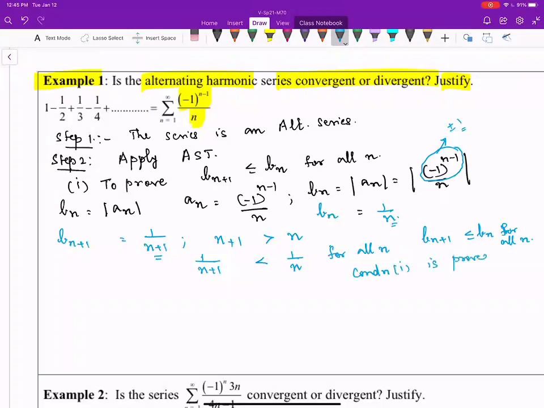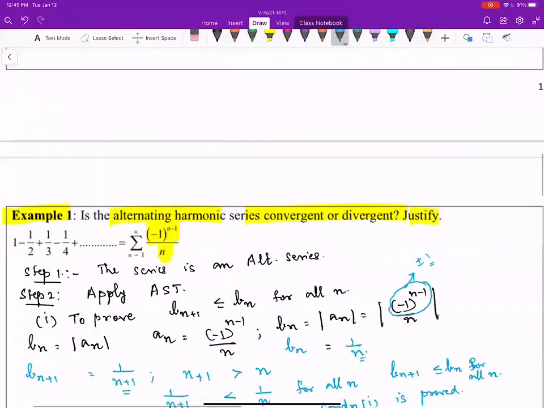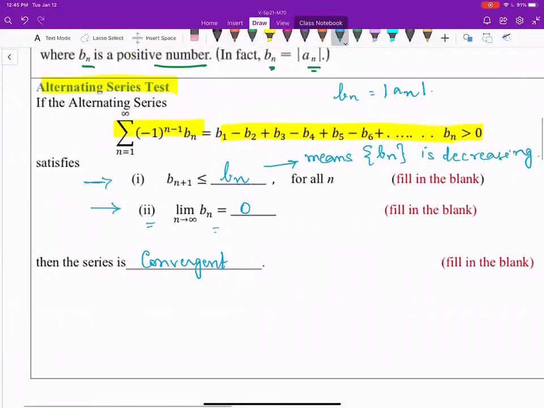Condition 1 is proved. Next, we have to do condition 2, which is the limit as n approaches infinity of b sub n. So in the alternating series, we have established the first part, the decreasing part.